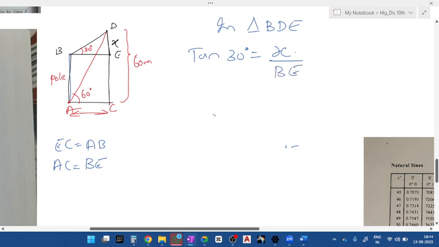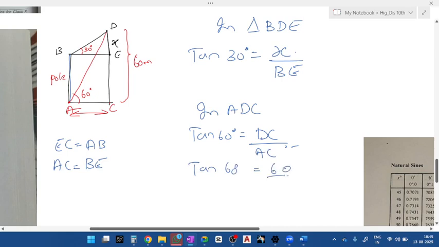Next triangle. What's the next triangle? Triangle ADC. In triangle ADC, tan 60 is equal to, yes students, be quick. Tan 60 is equal to what? Is DC value given? Okay, DC divided by AC. What is the DC value given? Divided by AC.